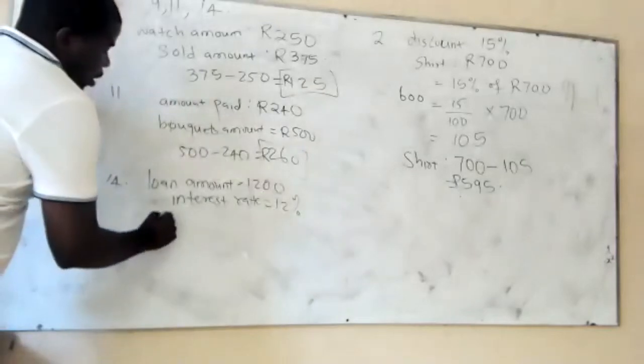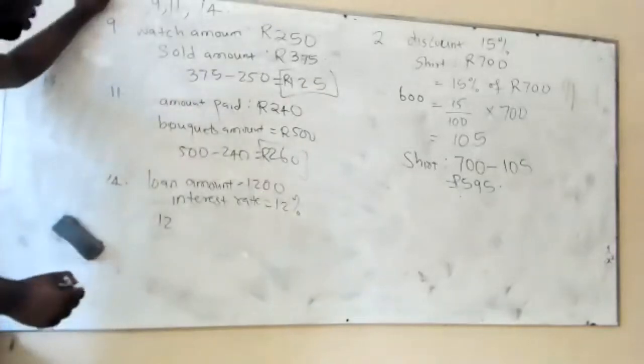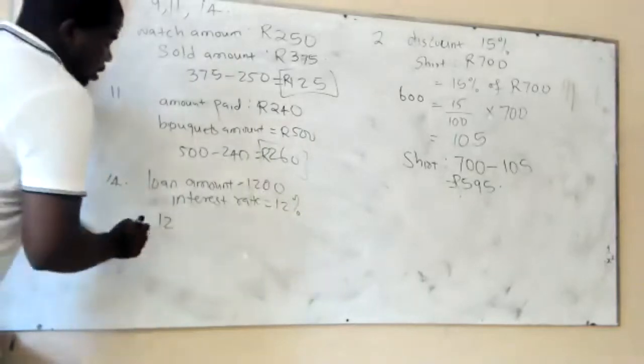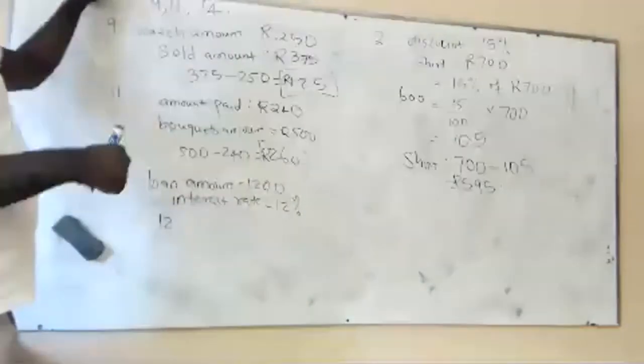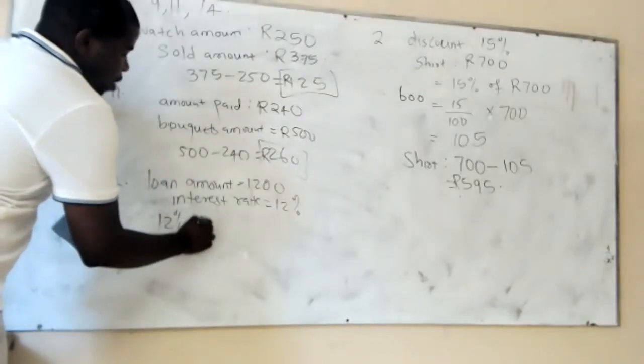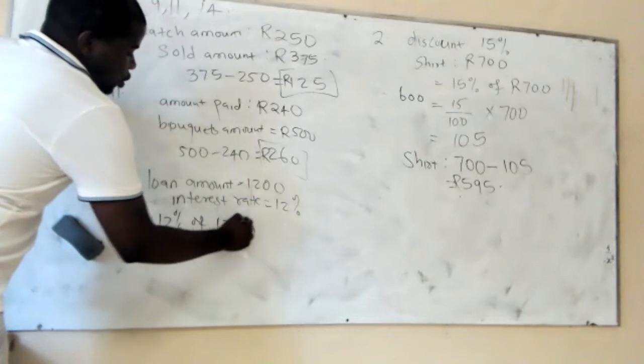So now we must put this into mathematical expressions. If you want to calculate the profit the bank is going to make out of the loan you took, it's going to be 12% of what? Of 1,200.